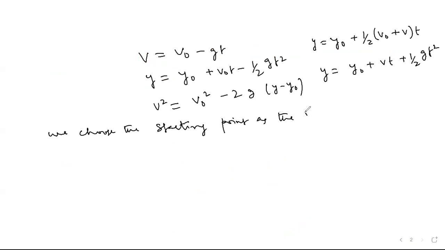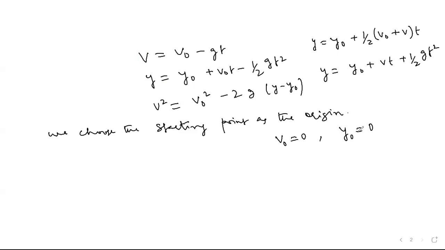We know the initial speed is 0 and v naught is 0 because the question says the body is dropped from rest. And when we choose the origin at the starting point, that means the initial y coordinate is 0. So our y naught is 0, v naught is 0.